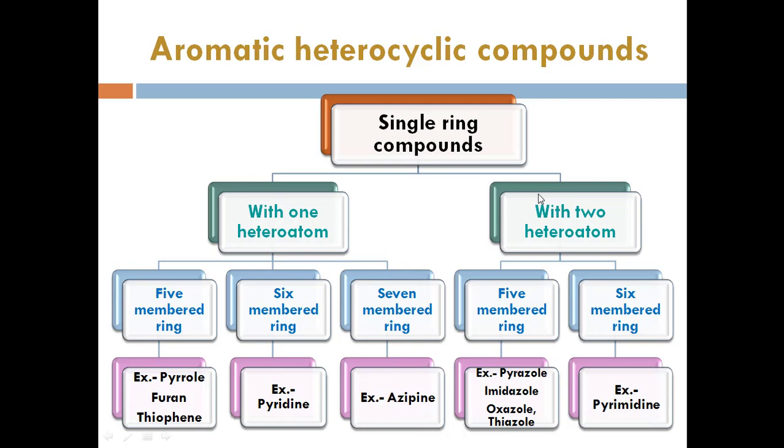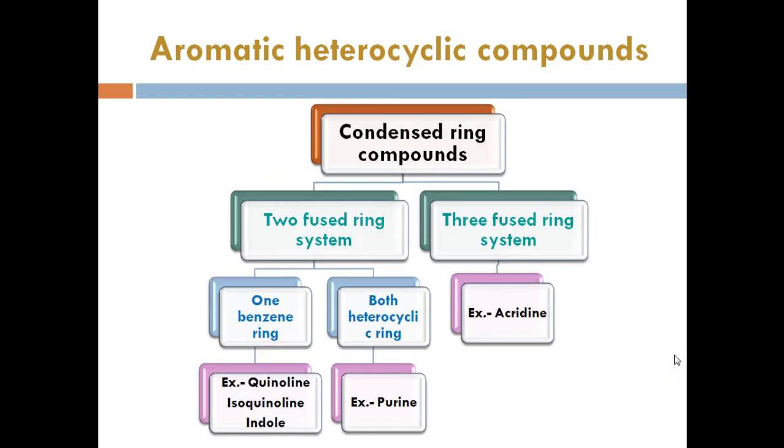Now compounds containing two heteroatoms are 5-membered rings and 6-membered rings. The 5-membered rings with two heteroatoms are pyrazole, imidazole, oxazole and thiazole. And the 6-membered ring with two heteroatoms is pyrimidine, right? So these are all single ring compounds, with one ring in the structure.